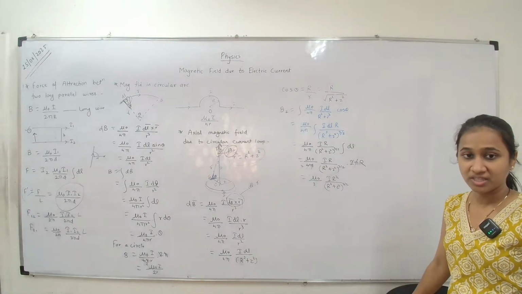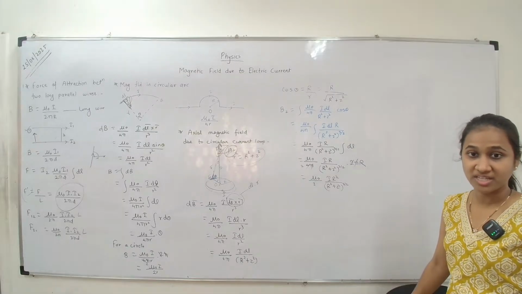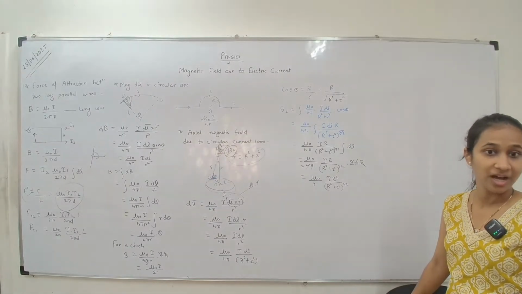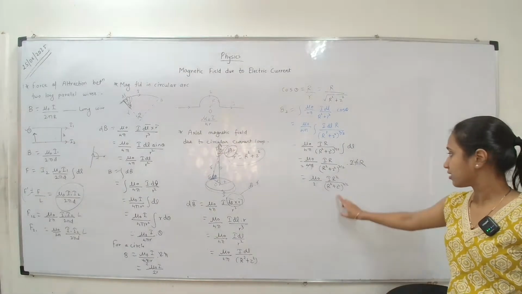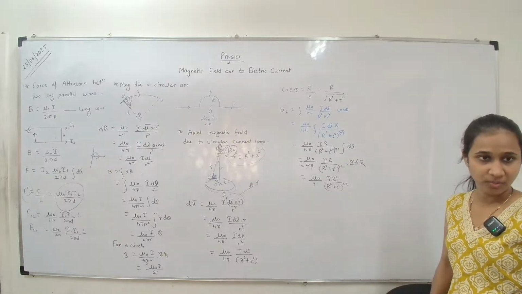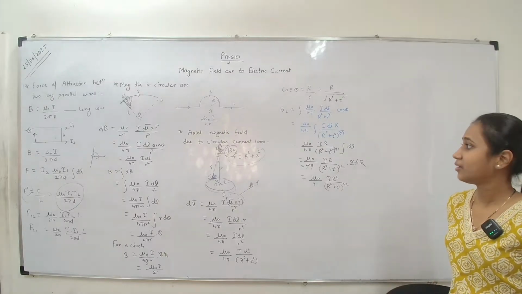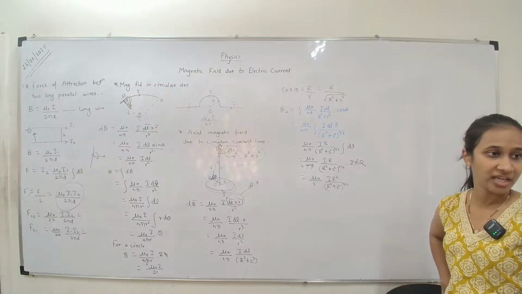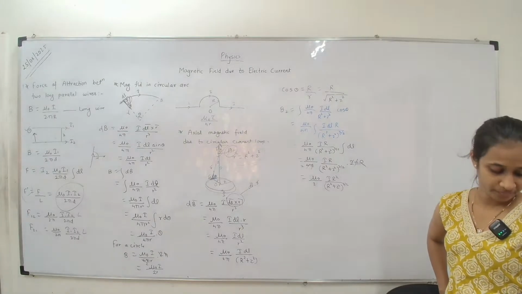So remember the distance of point should be from the center and not from the arc of the circle. That is your z square raised to 3 by 2. So this is your axial magnetic field due to a current carrying circular loop.